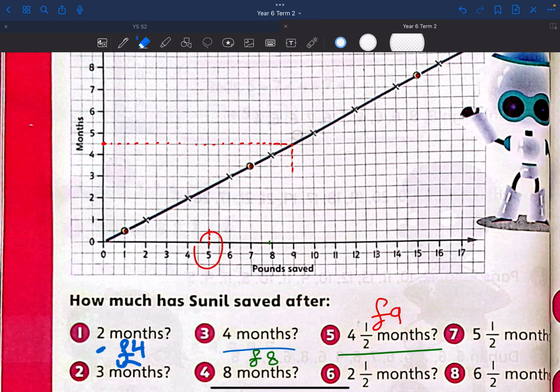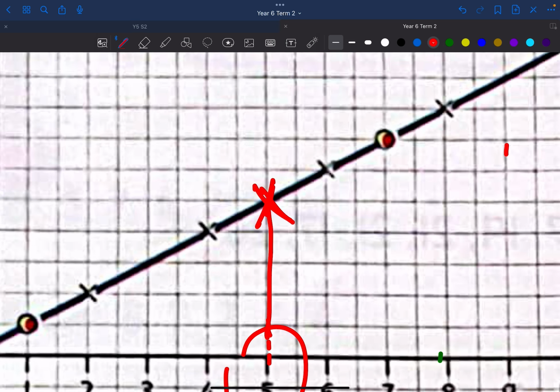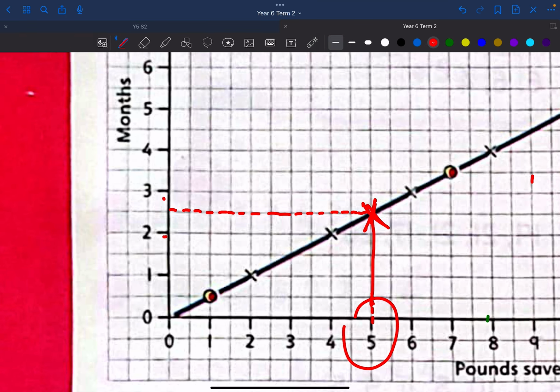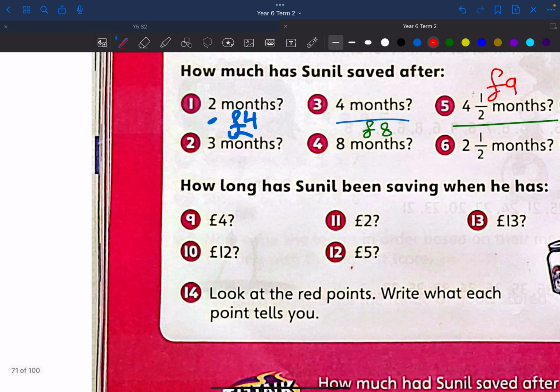Go up until you reach this intersection. When you reach here, continue with the line, just following the line. How many months? 2.5 months. So the answer here is 2.5 months.